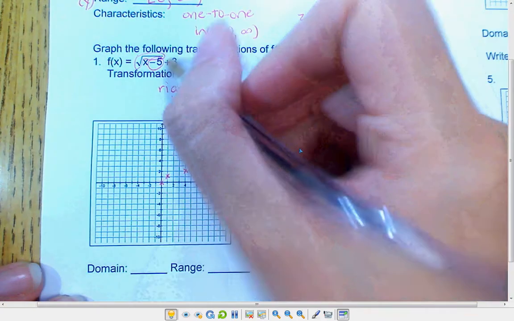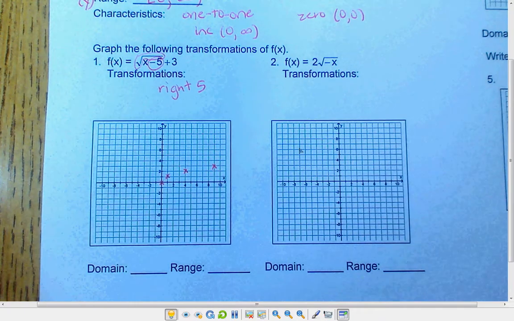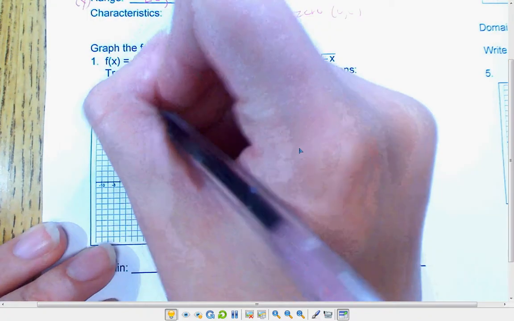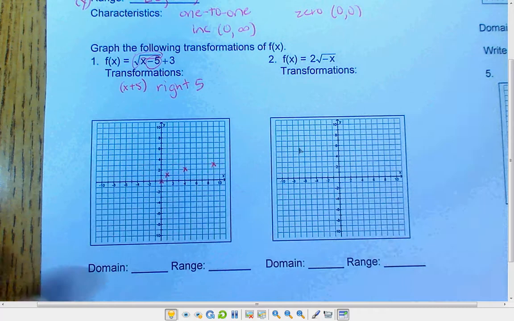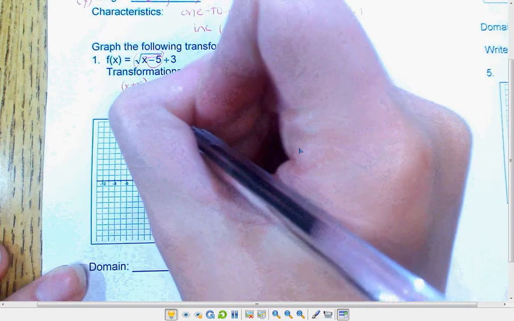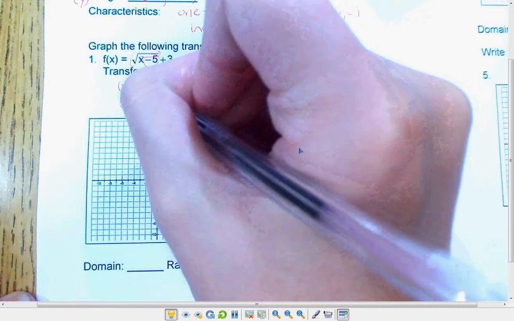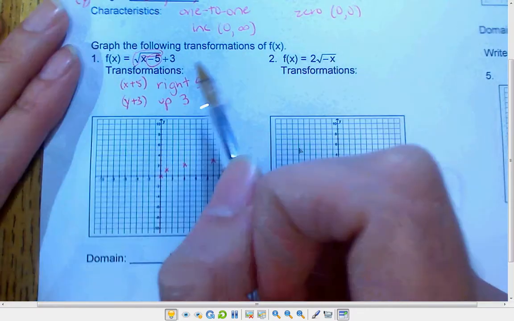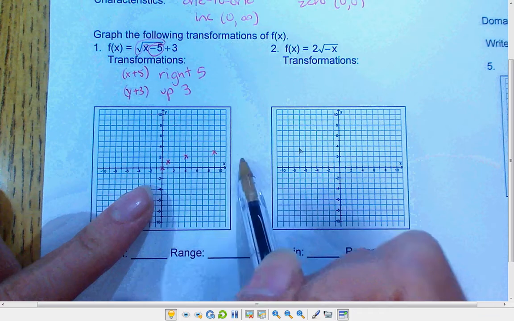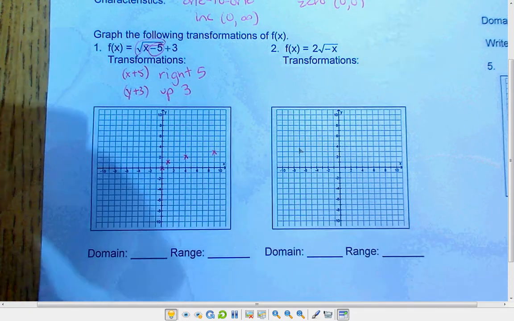The +3 is outside. So I'm going to write that we added 5 to our x's. This +3 is affecting our y's, which means that we're moving up 3. So we don't have any stretches or reflections, so all we're doing is taking all of these points and moving them right 5 and up 3.